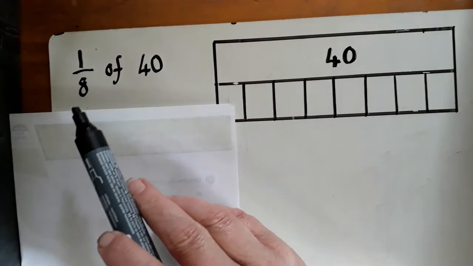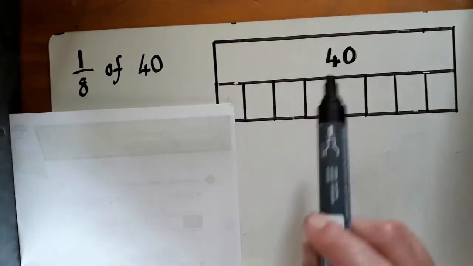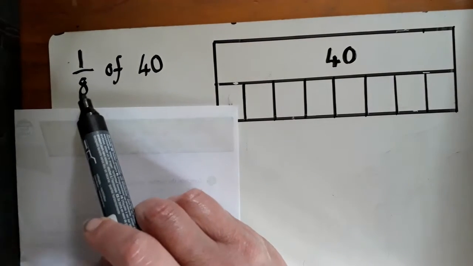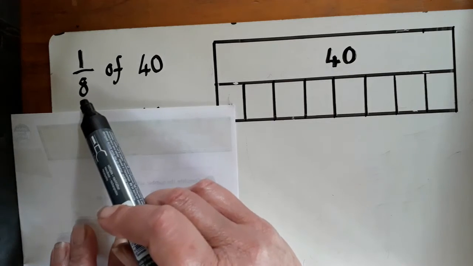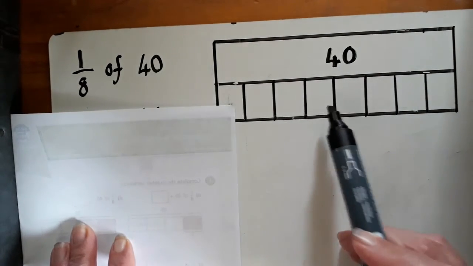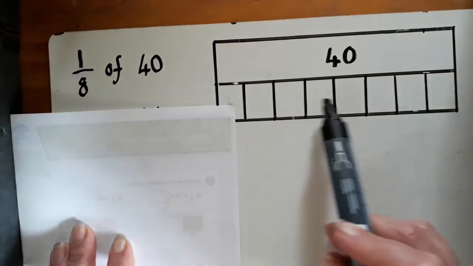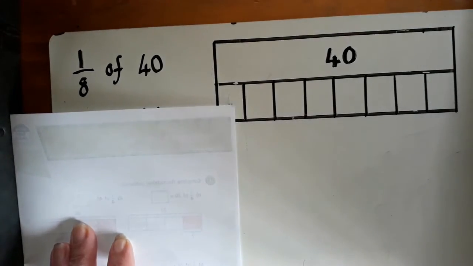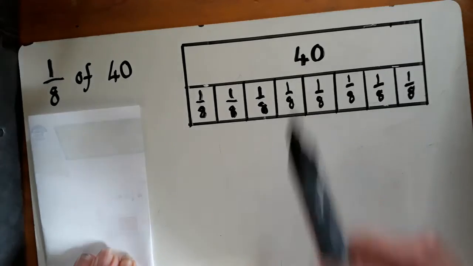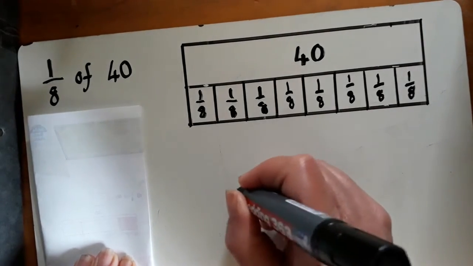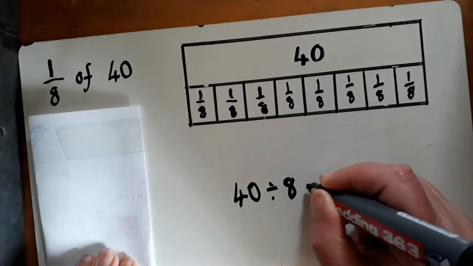Okay, so we're now going to calculate 1/8 of 40. My whole is 40, and the fraction strip tells me that the whole is divided into 8 equal parts, so each of those parts is worth 1/8. Here we're working out what 1/8 is, so we need to do 40 divided by 8.